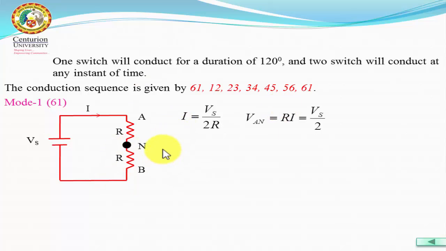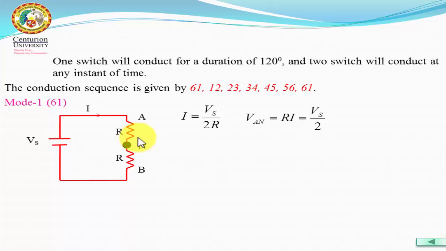When 6 and 1 are conducting, we have taken a balanced load, R and R, both the same. So what is the current flowing in this case? Both are in series, so the current is Vs by 2R. Now we can calculate the phase voltages. What is AN?